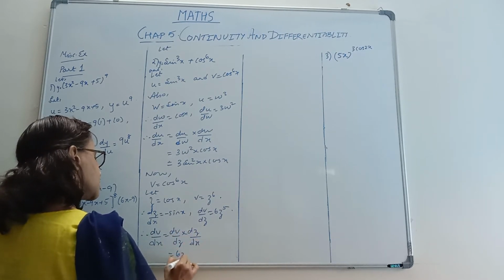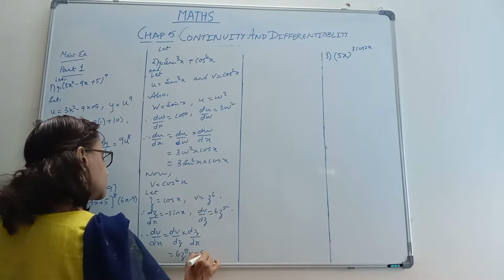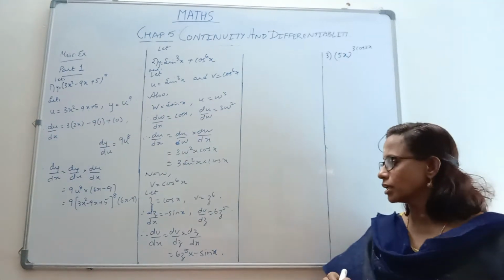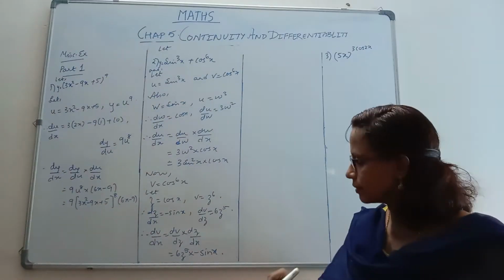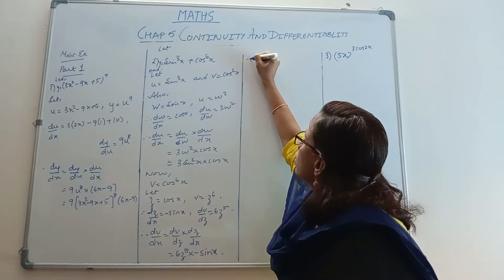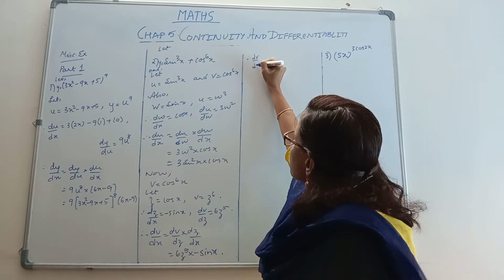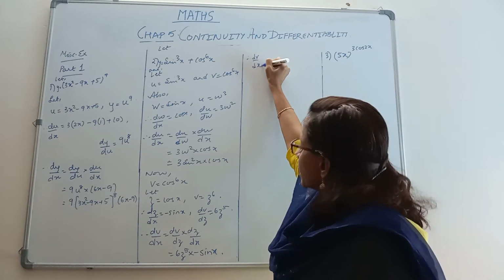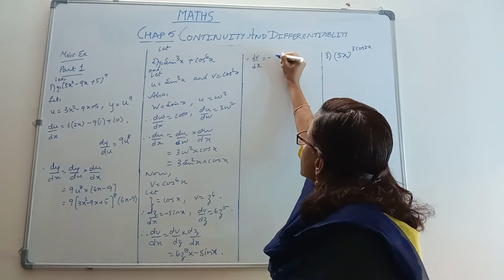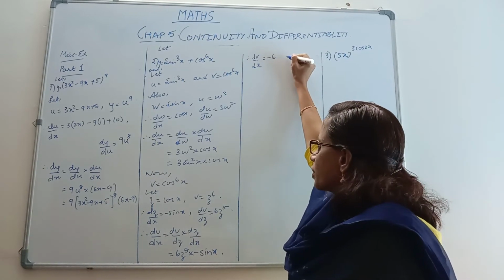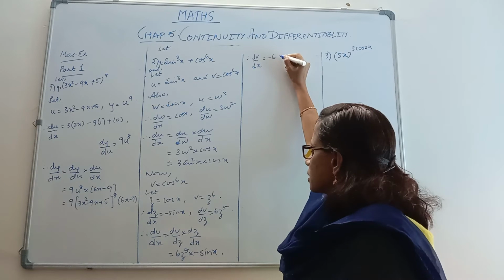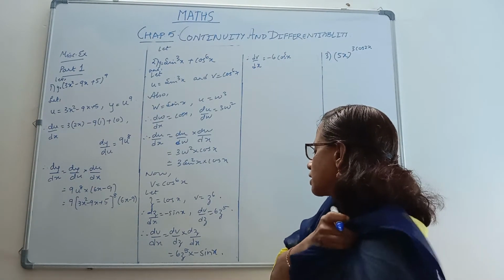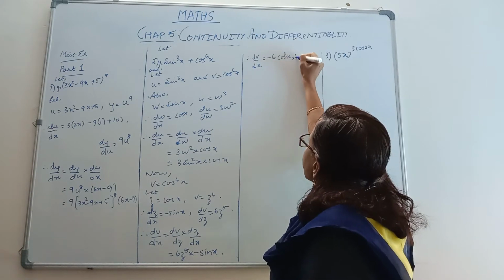That is 6z raised to 5 into minus sin x. How will that come? Let's check. Therefore, dv by dx is minus 6. Z for us is cos x, so cos raised to 5x into sin x.